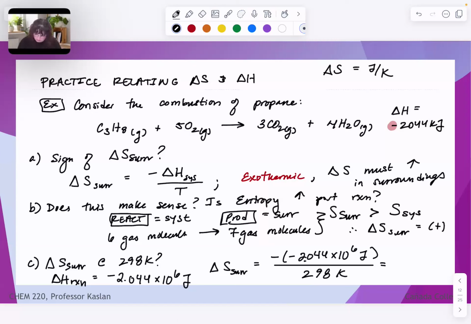This is 2.044 times 10 to the 6 times -1 times -1 divided by 298. This gives me 6.859 or 6.86 kilojoules. Notice this is positive, so this agrees with B.